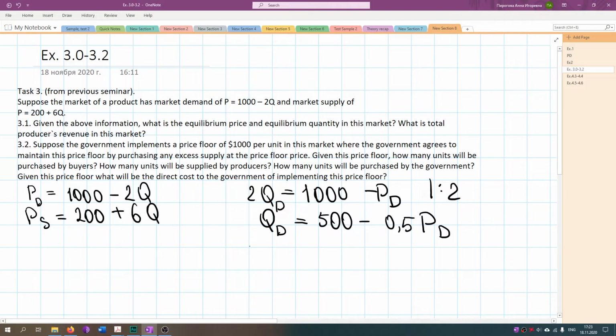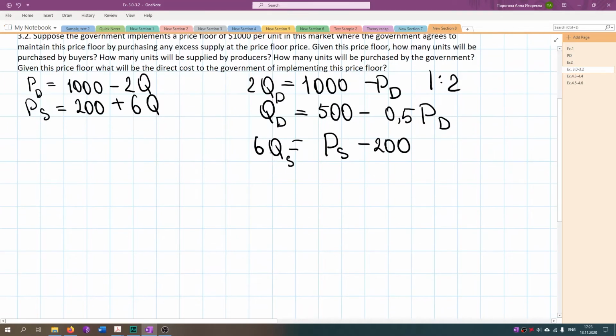Now let's do the same with the second equation. So 6q is equal to price minus 200, and let's divide it by 6, and we will get that quantity is equal to 1/6 of price minus 100 divided by 3.